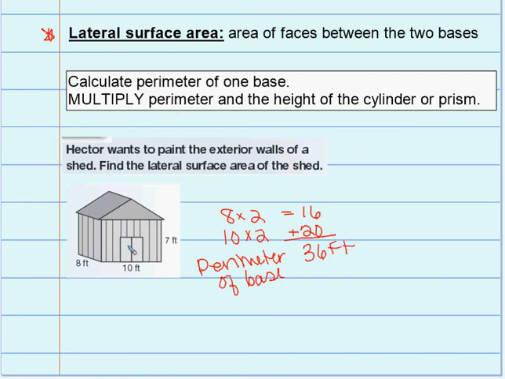And to find the lateral surface area, we multiply that times the height, which is 7. That gives 252 feet squared. So then Hector could calculate how much paint he needs.